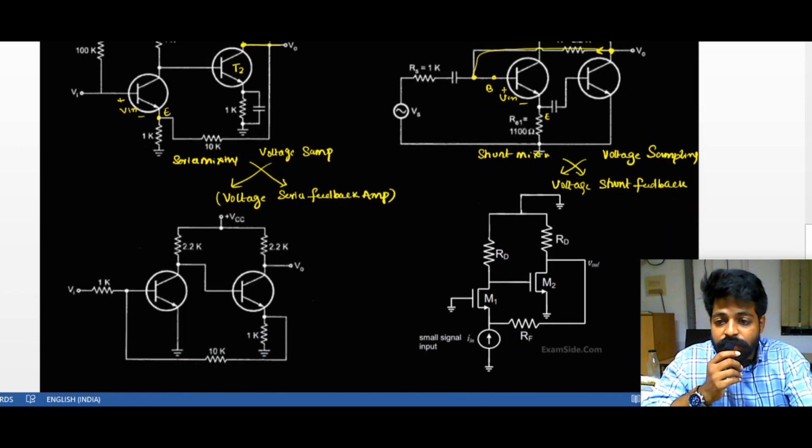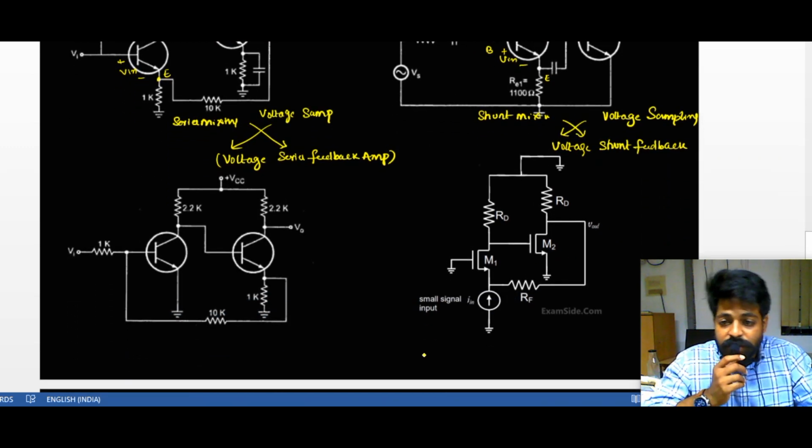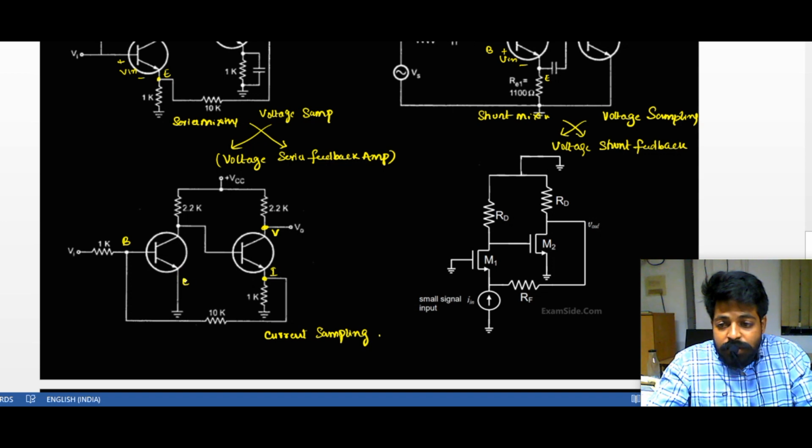In a similar way, if I see the remaining circuits, where this electrical node has the notation V, this is the opposite node, with the opposite notation I. My sample is collected from the opposite node, so I call it current sampling. The current sample is mixed at the base branch. Base, this is emitter. Now my current is getting subtracted, where this is IS current and this is my IF current.